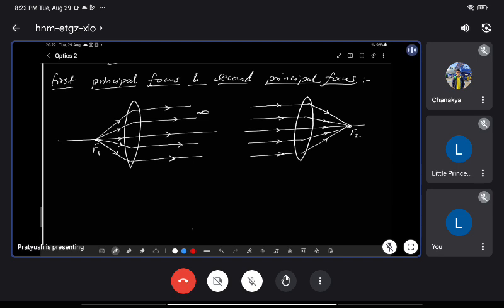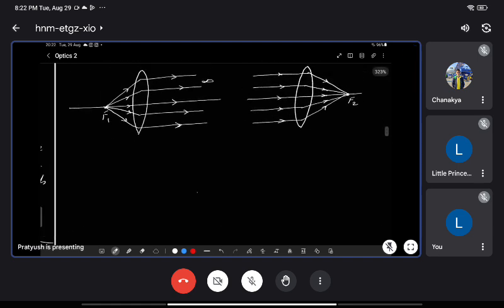Should I write the definition, or is it fine? You can write down the definition as well.